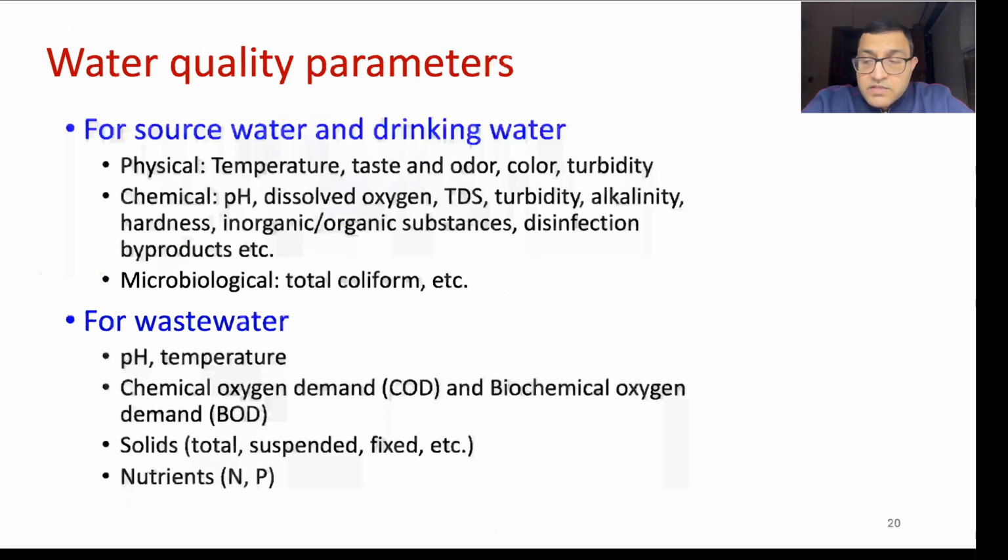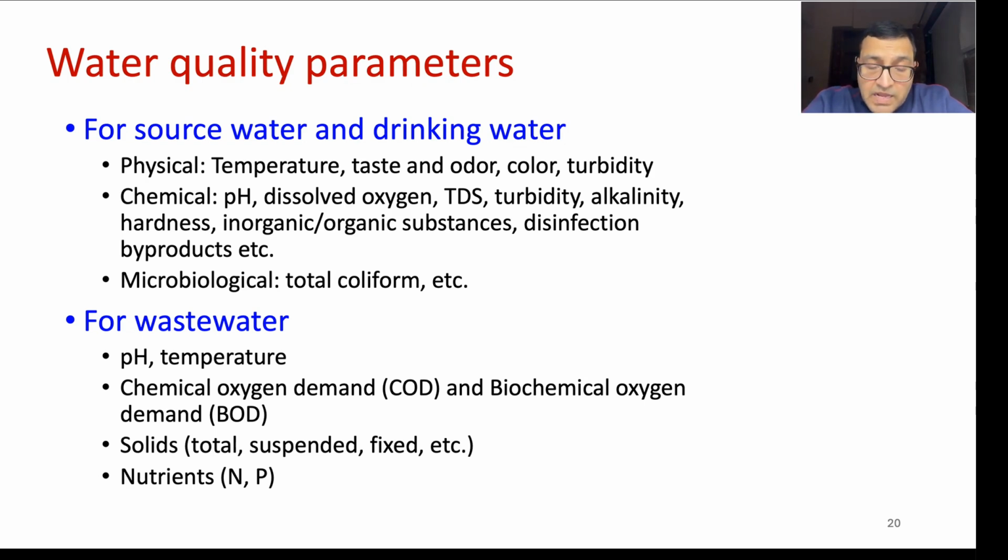Okay, so what different parameters do we measure for source waters and drinking water? Physically, we can measure temperature, taste, odor, color, turbidity, pH, dissolved oxygen, alkalinity, hardness, inorganic or organic substances, and different chemicals like disinfection byproducts.